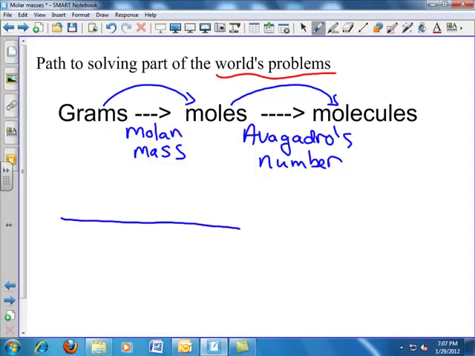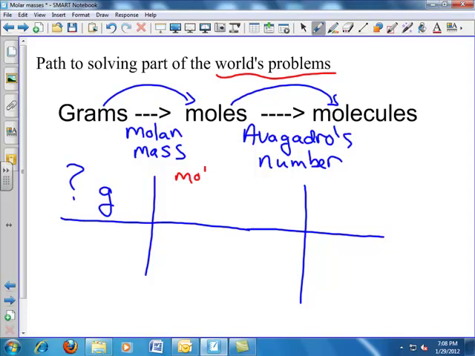So to set this up in a T box, I would have my grams of whatever compound it is. And to go from grams to moles, I'm going to put my molar mass in this area right here. Now, to use my molar mass here, I'm going to put 1 mole on top over however many grams there were for that particular compound.